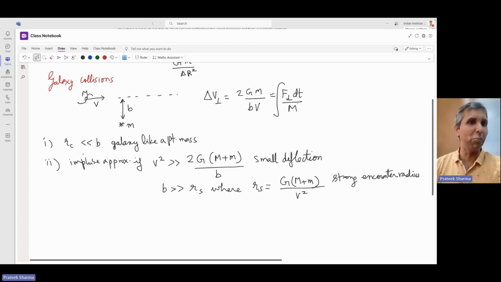See, the real problem has to be simulated. Under certain regimes, you can build some sort of a mental picture. That's why we had the M31 and Milky Way collision simulation, because the full problem cannot be solved analytically. But in certain regimes, you can get very good insight using these estimates.